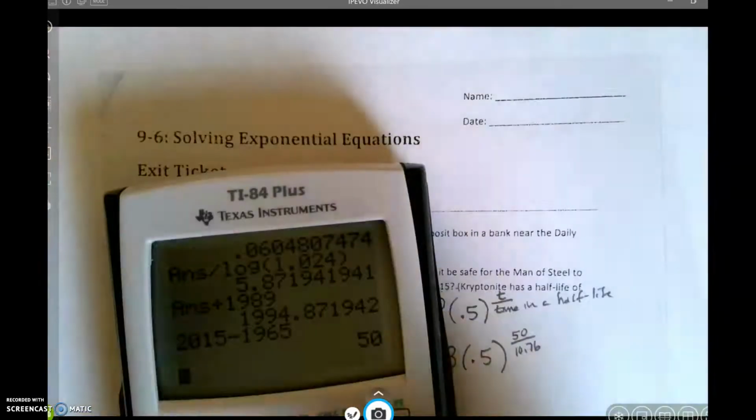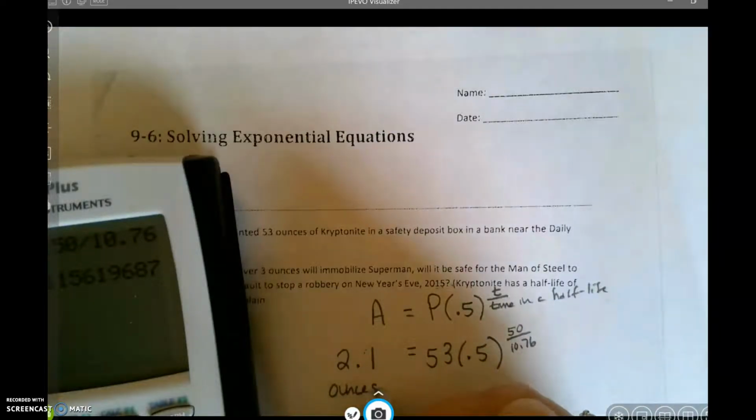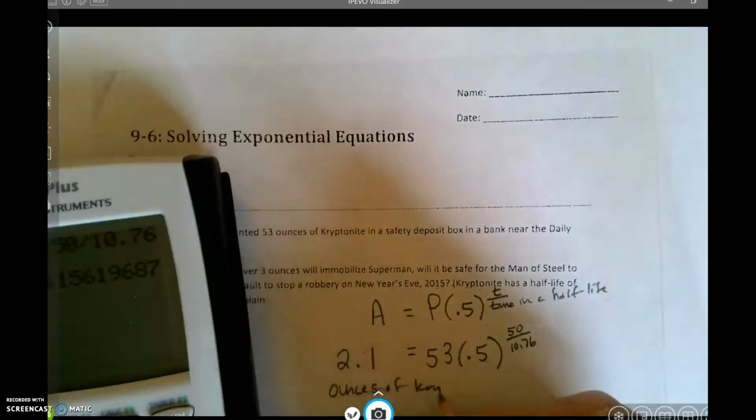So I'm just going to put this into my calculator. 53 times 0.5 to the exponent 50 divided by 10.76. And I get that there's approximately 2.1 ounces of kryptonite.